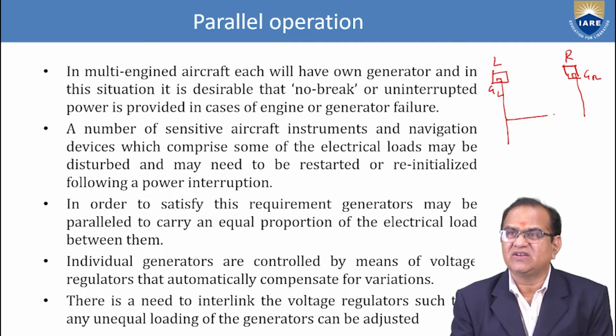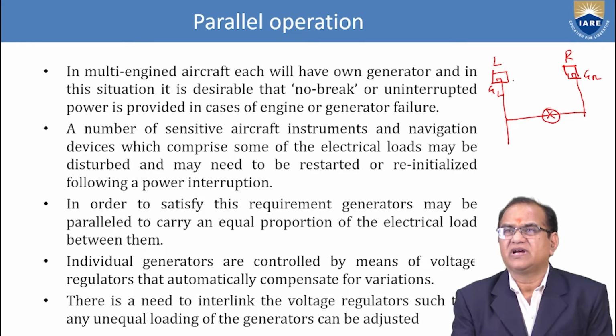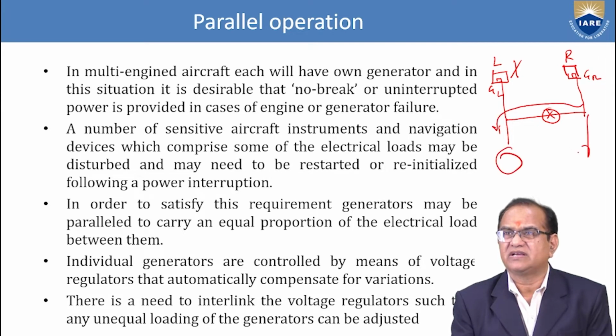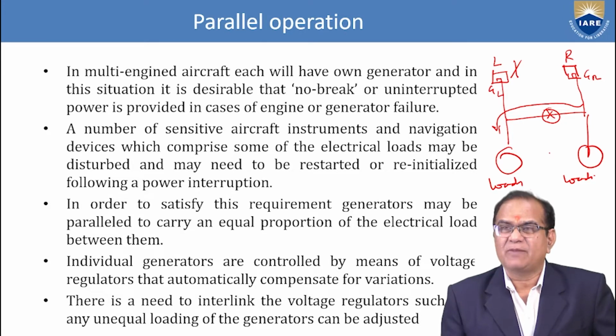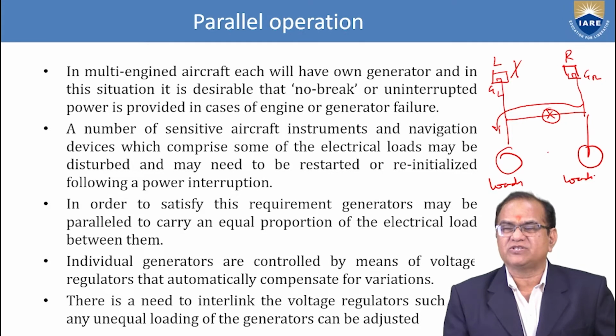In case of any failure, if this left system has failed, the right will start supplying power to the different loads. So parallel operation means uninterrupted power should be given in any case.